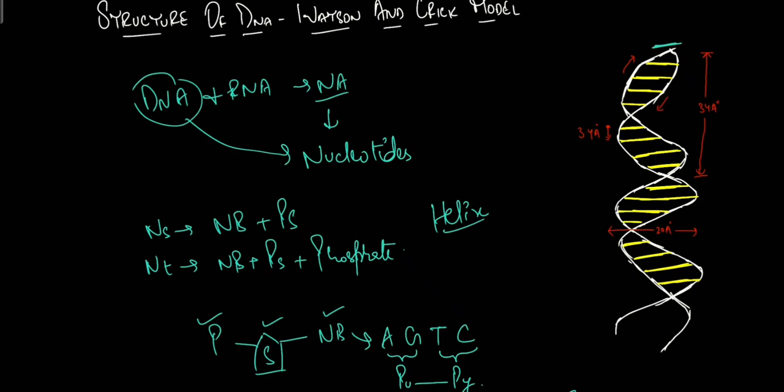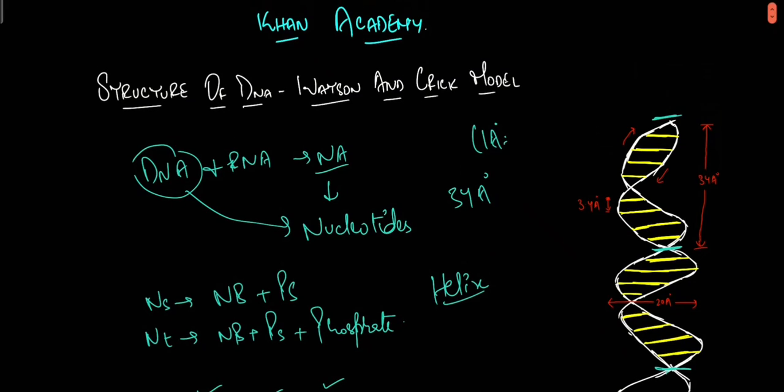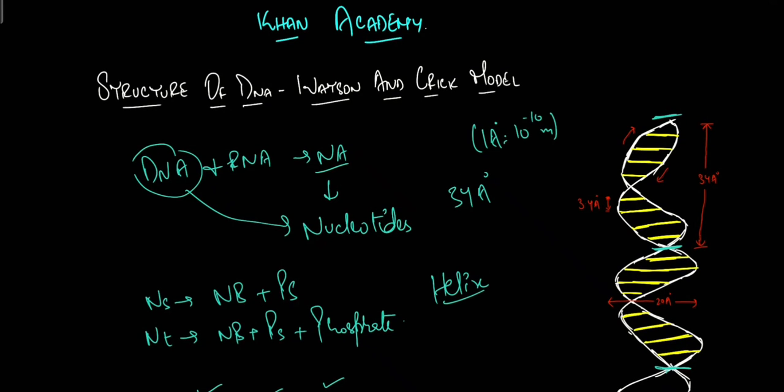For example, from here till here there is one twist, and from here till here there is another twist. What Watson and Crick said is that the length of this one helix is 34 angstrom, and as you know, 1 angstrom is equal to 10 raised to the power minus 10 meter.